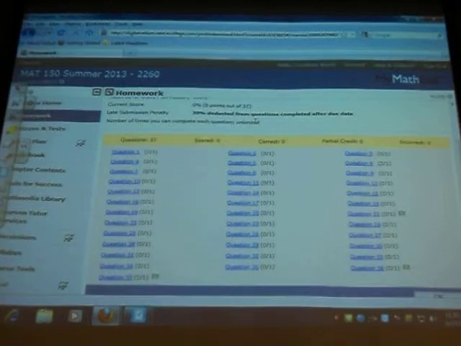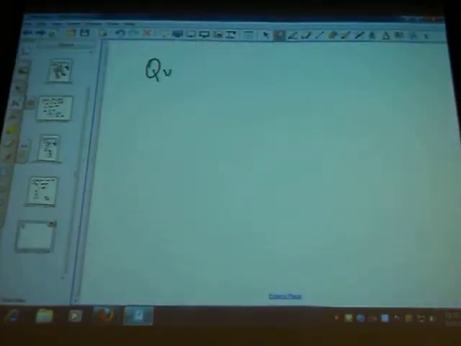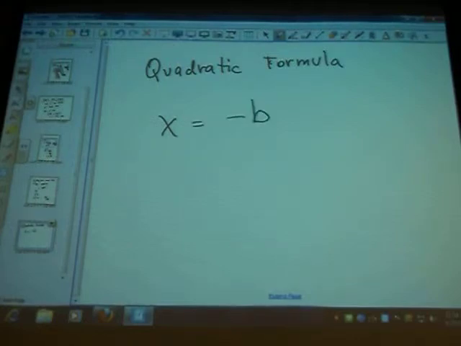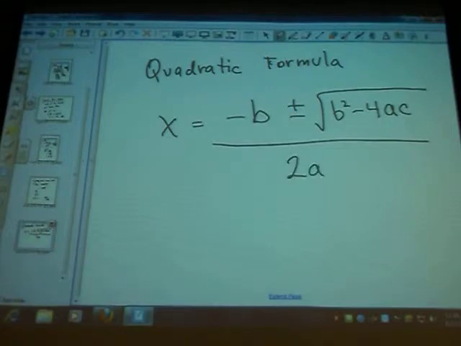Yes. Okay. You guys know the quadratic formula? Let's write it down. x equals negative b plus or minus the square root of b squared minus 4ac, all over 2a.